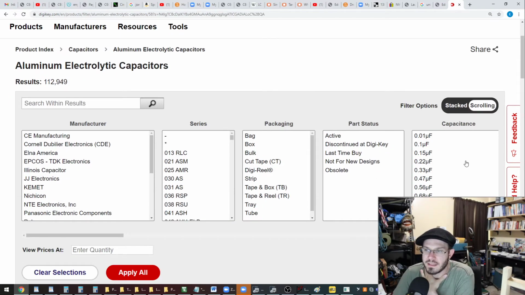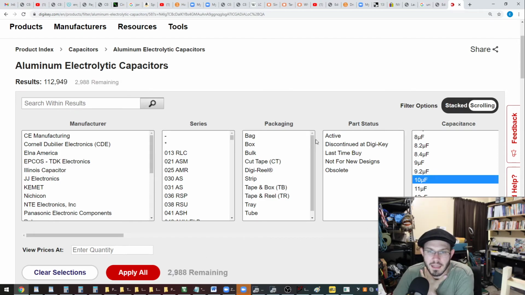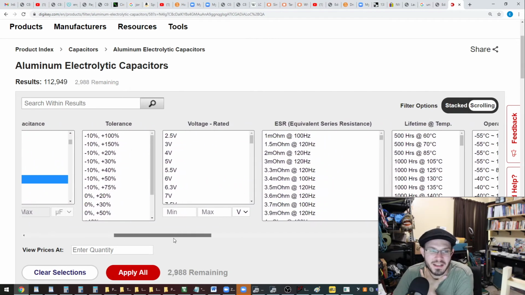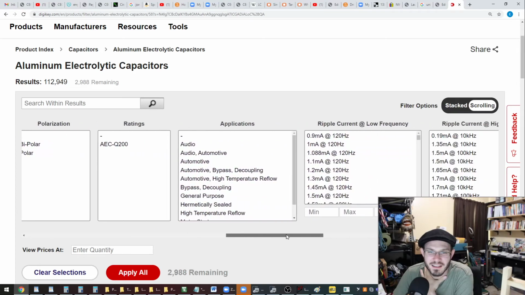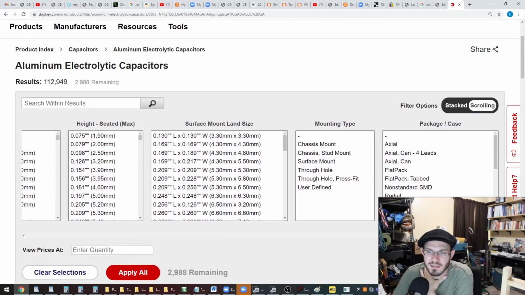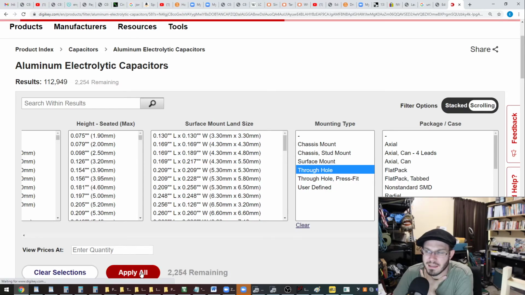Let's go with a standard 10 microfarad electrolytic. Oh, I'm going to have to decide one among 3,000 different caps. Let's go with a through-hole component. Yeah, it didn't help too much.